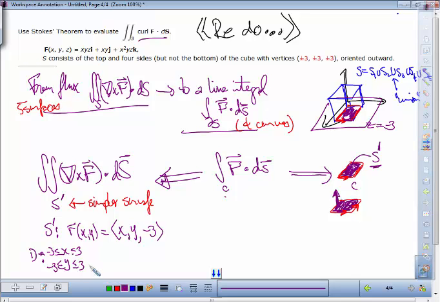Okay, so now we have our surface, our domain. Now we just need the normal vector. And if this is our z value, right, this is our f of x, y value, which is negative 3. The derivative of negative 3 with respect to x is 0, so that's negative 0. With respect to y, 0.